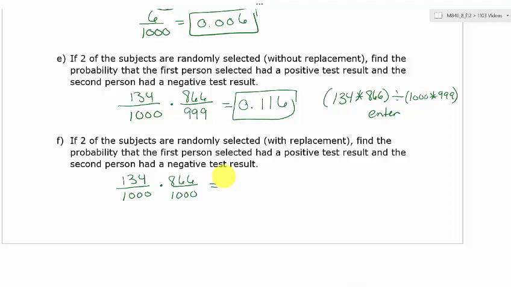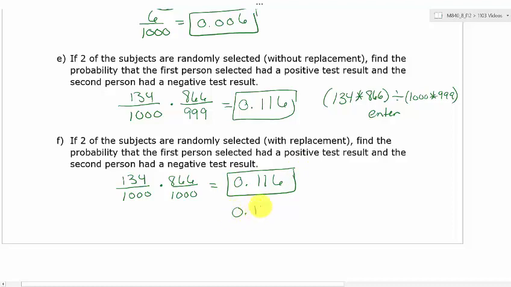So we're going to do parenthesis 134 times 866, so our numerator doesn't change, and then divided by 1,000 squared. And we get 0.116 again. So again, you'd have to go out a little bit further in your decimal places to see the difference.